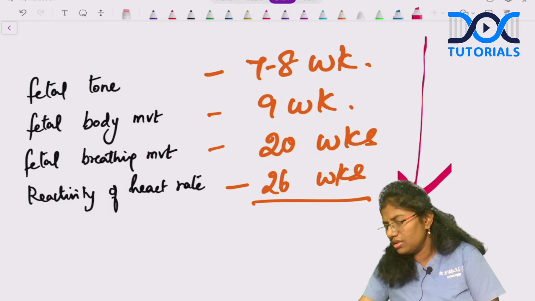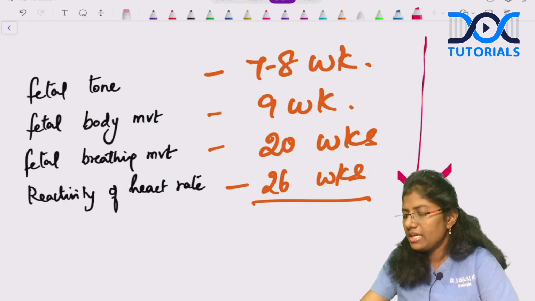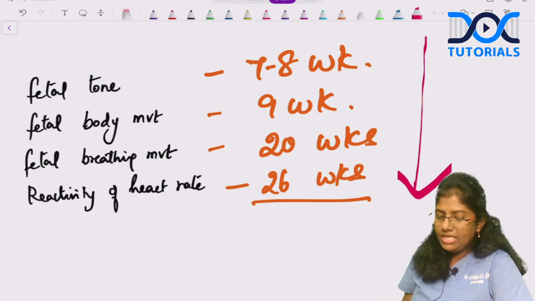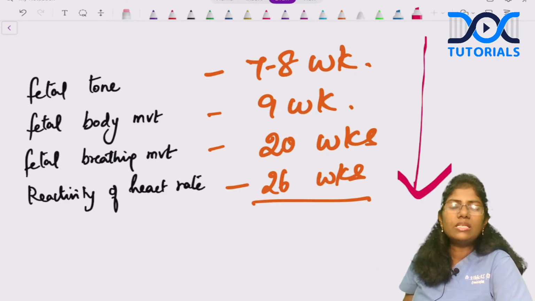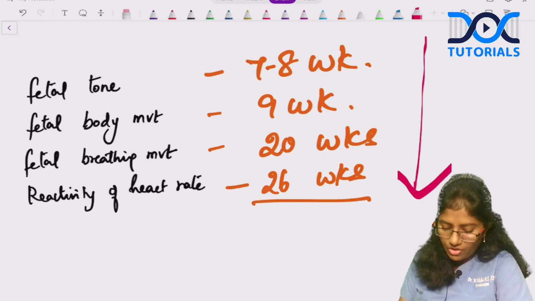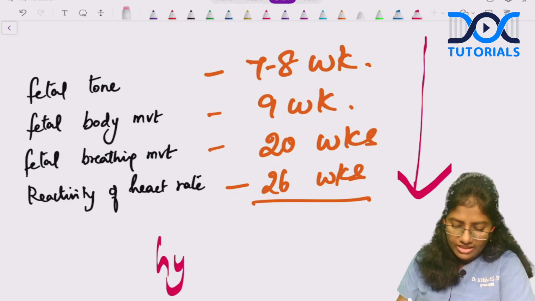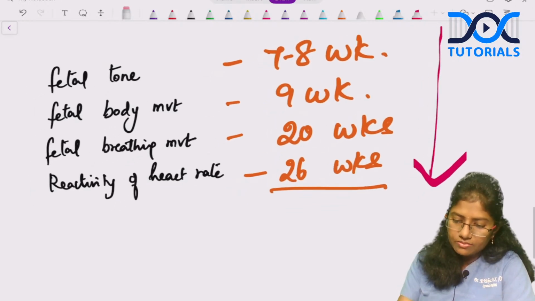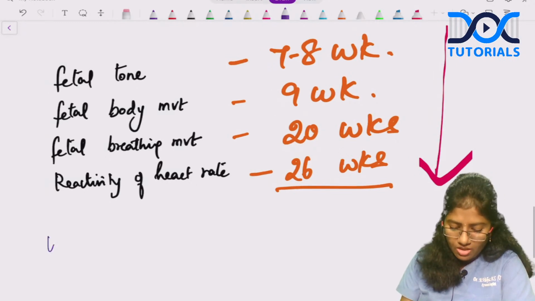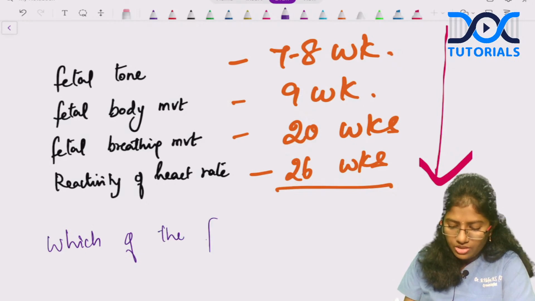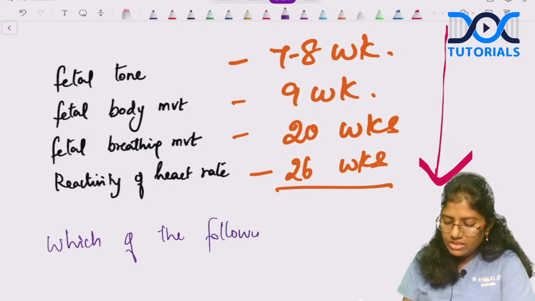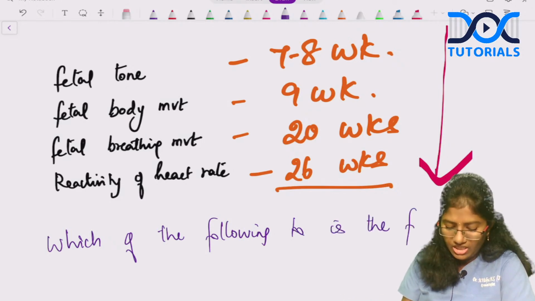Whenever there is hypoxia, the MCQ is like this: which of the following is the first parameter to disappear in case of hypoxia?